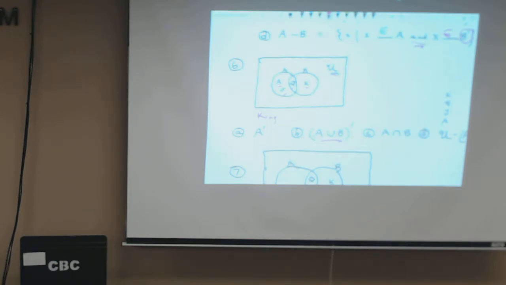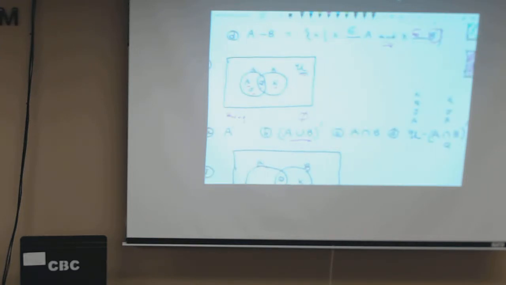Ace, jack, queen, king. Everybody follow that? When you put the union together, what's the complement of ace, jack, king, queen? Empty set. Good. Excellent. Everybody follow that? Because when you cover all that up, there's nothing left, so that's empty set.